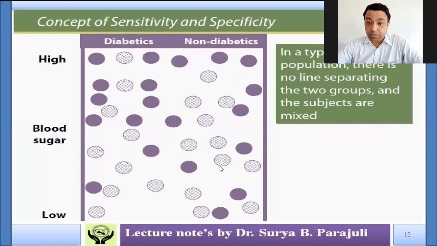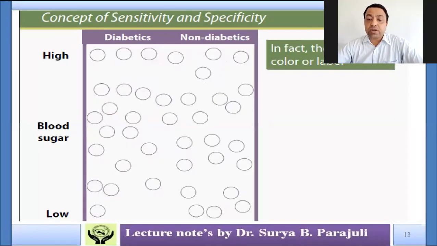Actually, in the population, the diabetics and non-diabetics both are mixed, or COVID-19 and non-COVID both are mixed. Actually, there is no color demarcation. In fact, there is no color or label. So he is diabetic or she is diabetic, this is non-diabetic, or he's suffering from COVID-19.